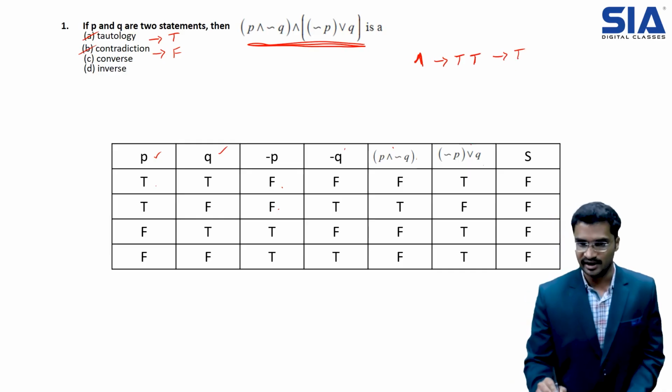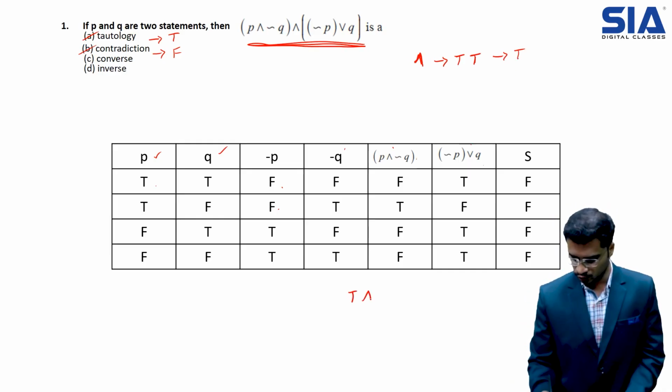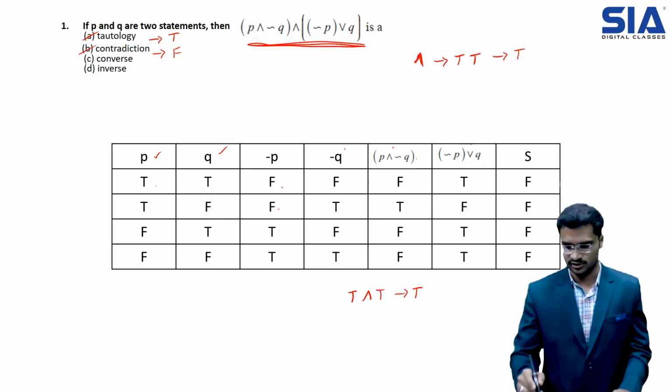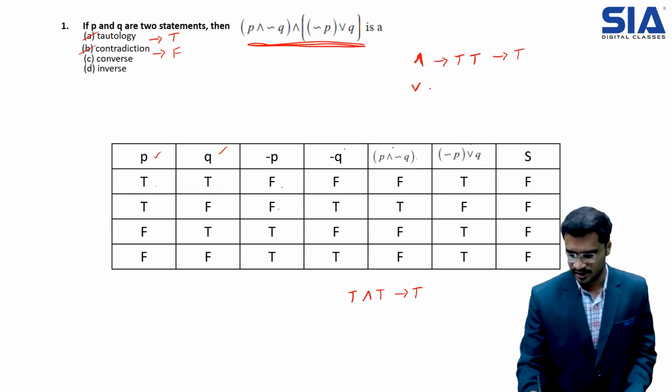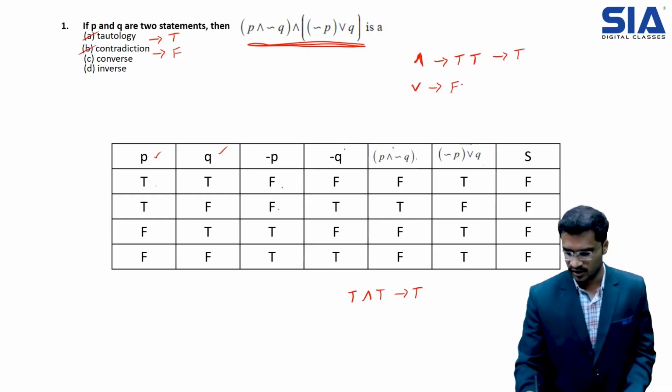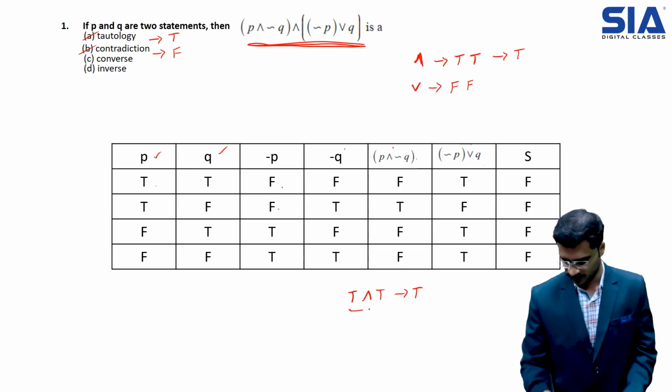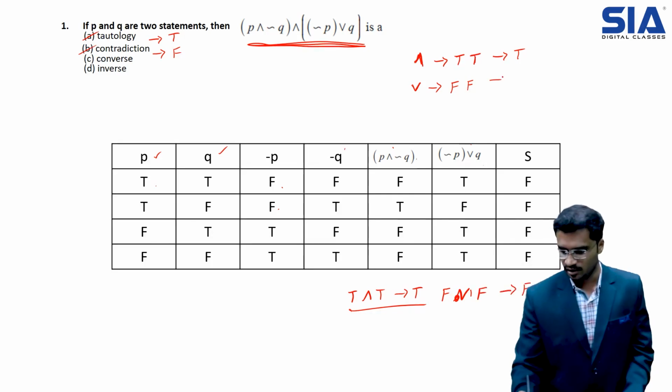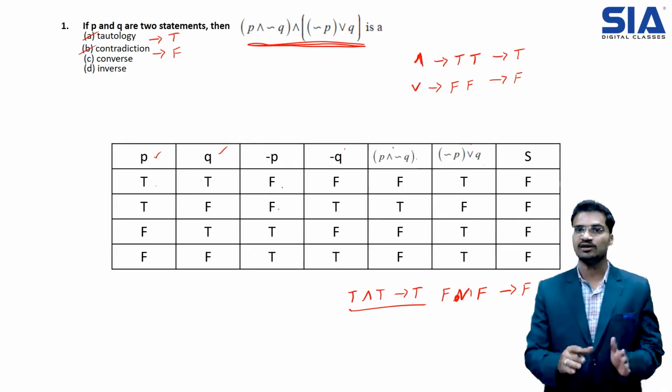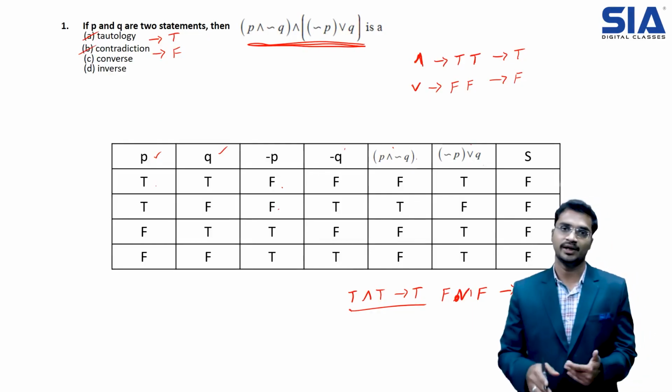So in the AND condition, true and true gives true, remaining all give false. In the same way, in the OR condition, false or false gives false, remaining all give true.